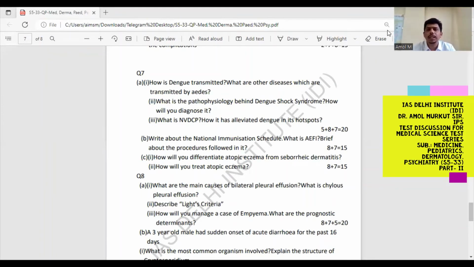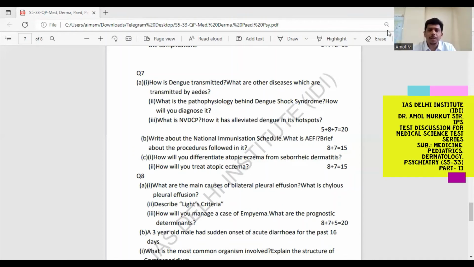In seborrheic dermatitis, usually hairs are involved first. Then there is fibrosis at the base of the hairs. Dandruff is also one form of seborrheic dermatitis. Then history, clinical lesion, age of onset, histopathology. These are the various aspects on which we can differentiate atopic eczema from seborrheic dermatitis.